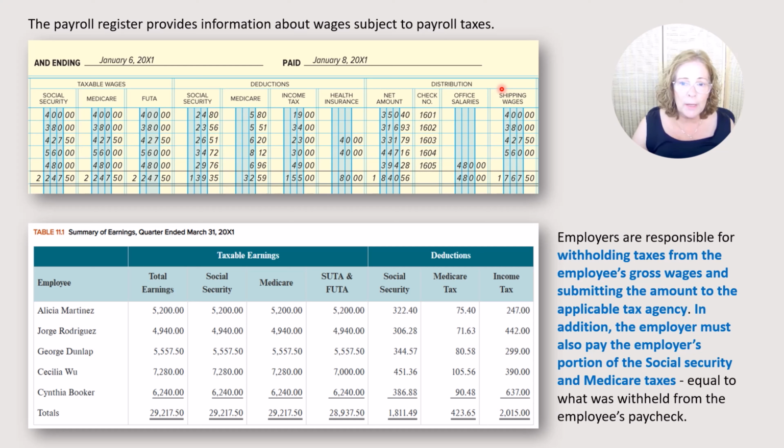In the taxable wages section, we have Social Security and Medicare taxable wages and FUTA wages. In the deductions section, we can see the amounts withheld for Social Security, Medicare, income tax, and health insurance. In the distribution section, we see the net amount paid to the employee, the check number, and whether the wages are office salaries and shipping wages.